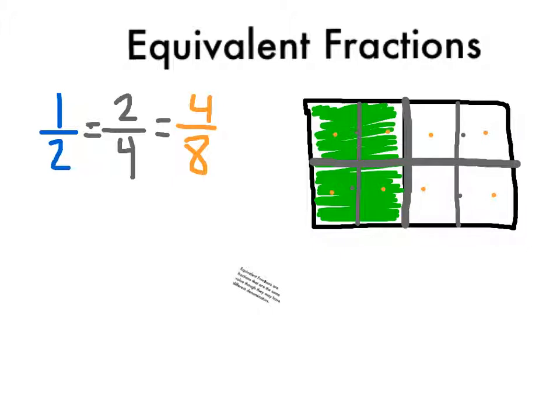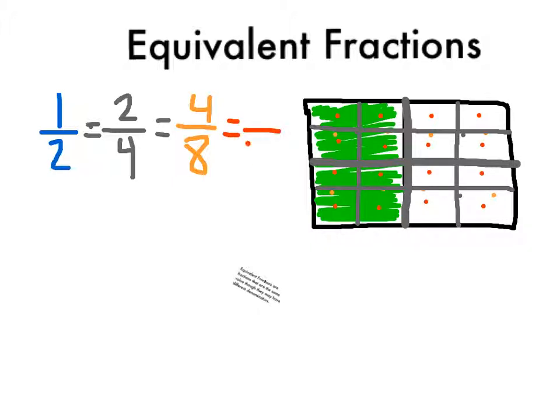And we could continue to cut them up. For example, let me do that one more time. I could cut these in half. And now if we go back and count, I have 1, 2, 3, 4, 5, 6, 7, 8, 9, 10, 11, 12, 13, 14, 15, 16.